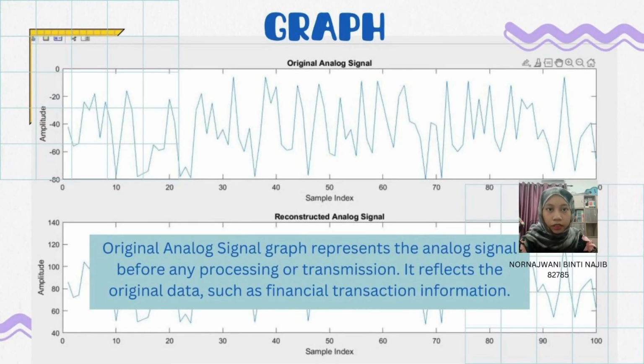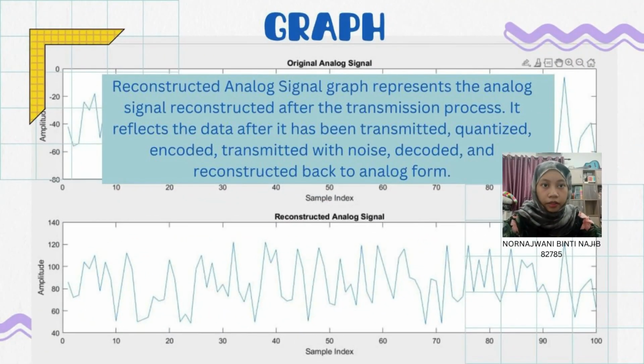The code also ends by producing plots that contrast the original and reconstructed analog signals. The graphs produced by the code illustrate the comparison between the original and reconstructed analog signals. In the result, the original analog signal graph depicts the analog signal before any manipulation or transmission, representing the raw data such as financial transaction details.